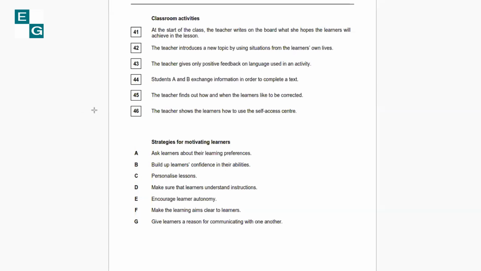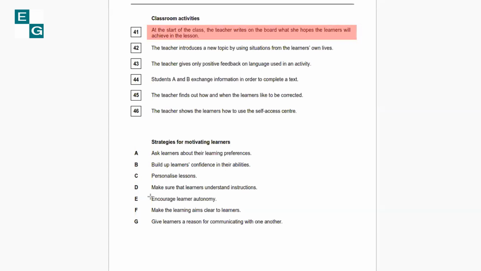at the start of the class, the teacher writes on the board what she hopes the learners will achieve in the lesson. Let's think about that. You are the teacher. You are in your class. You start by writing what you want your students to learn. How is that called? Let's think about it.